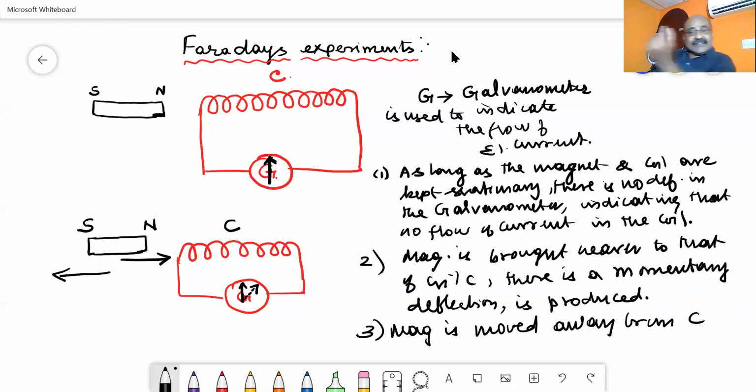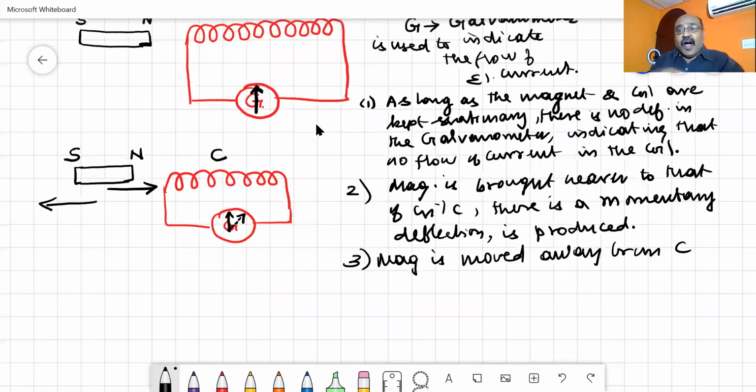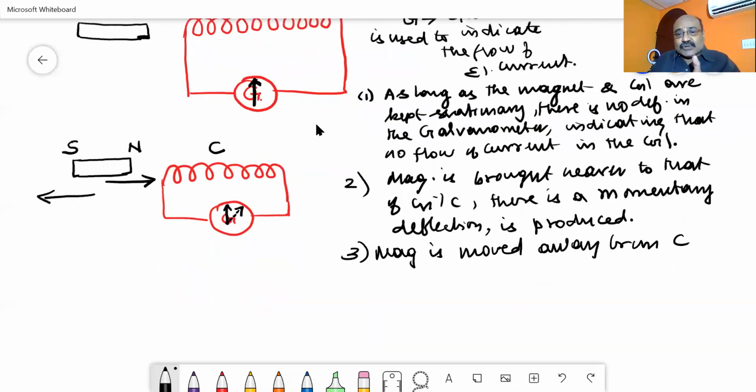Then also there is a momentary deflection, but the deflection is in the opposite direction to that of the previous case. That is, if the deflection when the north pole is moving in is on the right hand side, then when the magnet is withdrawn, the momentary deflection will be on the left hand side.